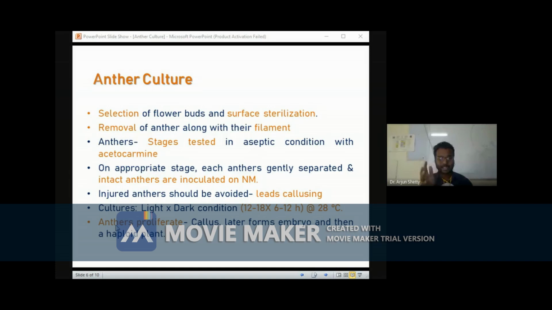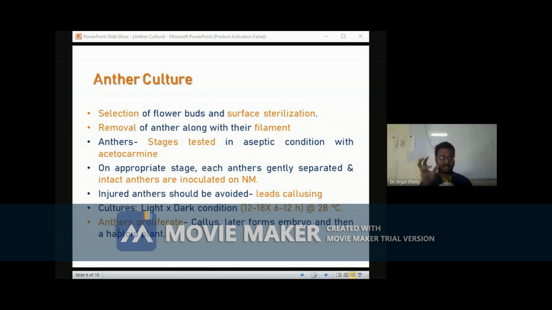This removal has to be done aseptically, in aseptic chambers. The surface sterilized flower has to be taken to a laminar airflow or a biosafety cabinet where there should not be any contamination, because we are working with in vitro culture.